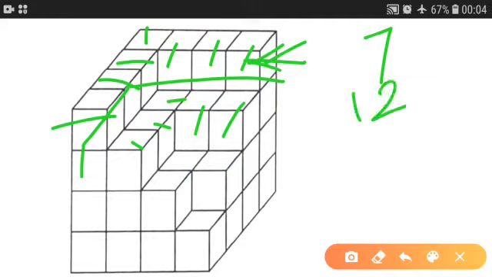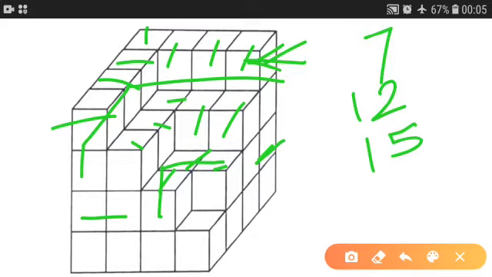In the second layer we have 12 cubes. In the third layer, as in the second layer we already have 12 cubes, and the extra cubes are 13, 14, 15. Until here we have 12, and these 3 make 12 plus 3, 15.